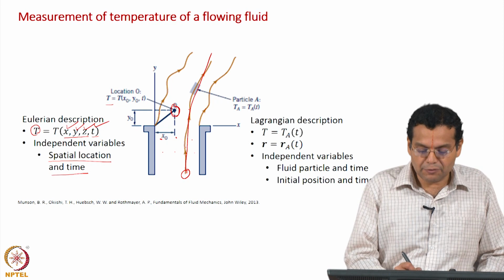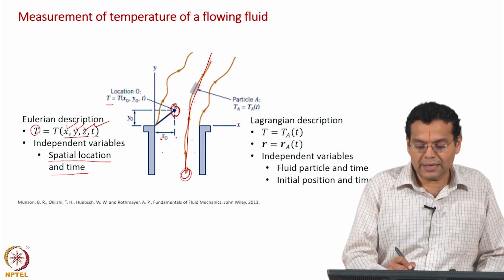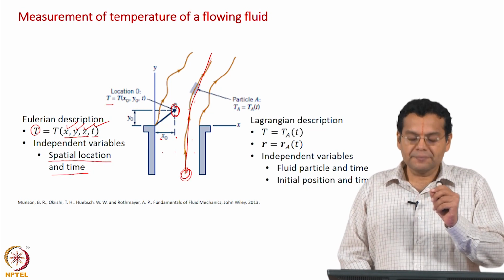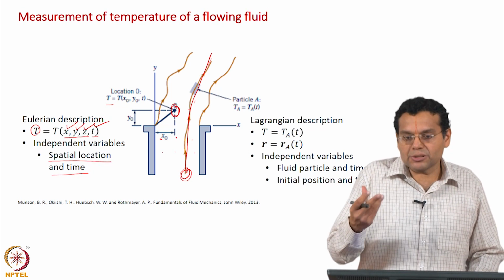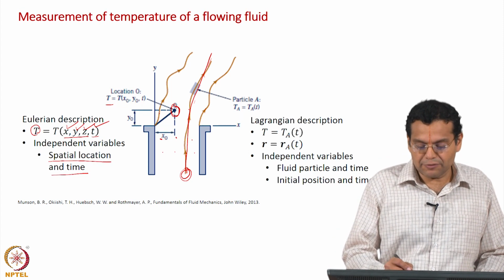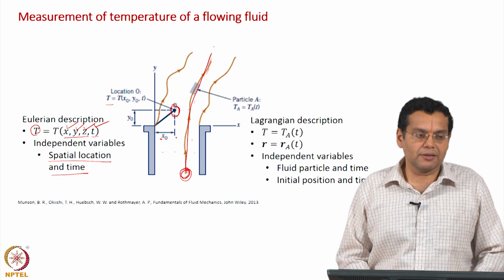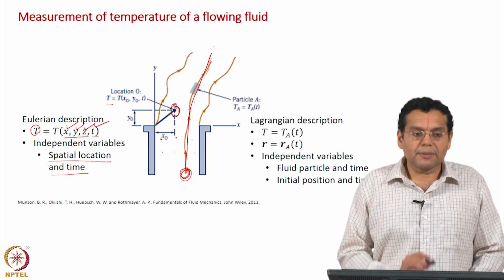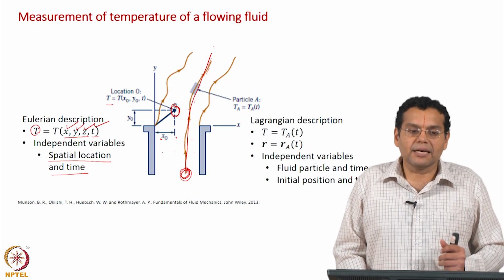As the particle flows through this region, it is measuring the temperature through the region of interest as well. So, in the second case we consider a fluid particle and imagine a temperature sensor attached to it. As the fluid particle flows through this region, it measures the temperature along its path. This method of describing the temperature in this region is called the Lagrangian description.